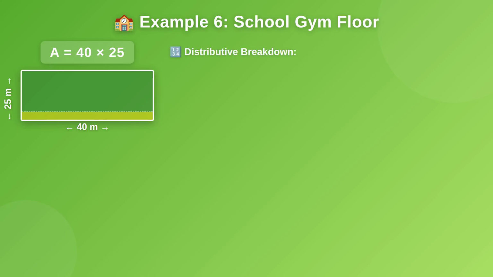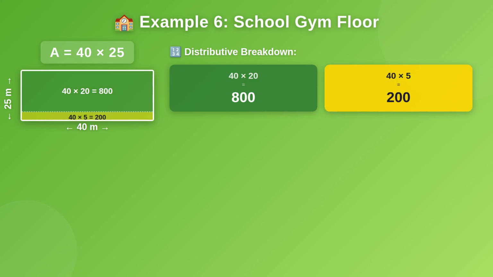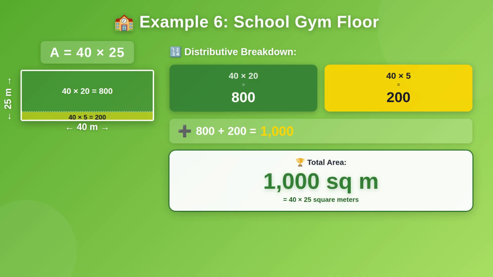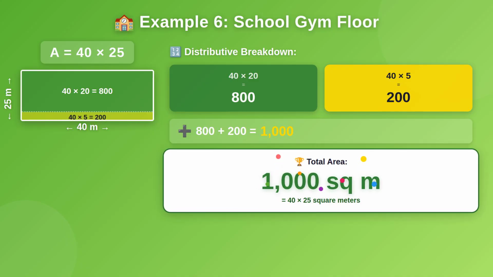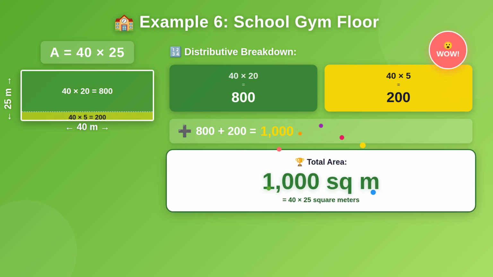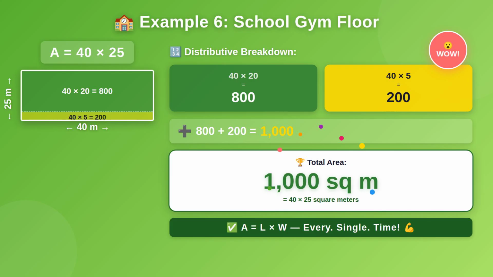One more big one. The school gym floor is a rectangle measuring 40 meters long and 25 meters wide. What's the total area? Area equals 40 times 25. Let's break it down. 40 times 20 equals 800, and 40 times 5 equals 200. Now add them together. 800 plus 200 equals 1,000.